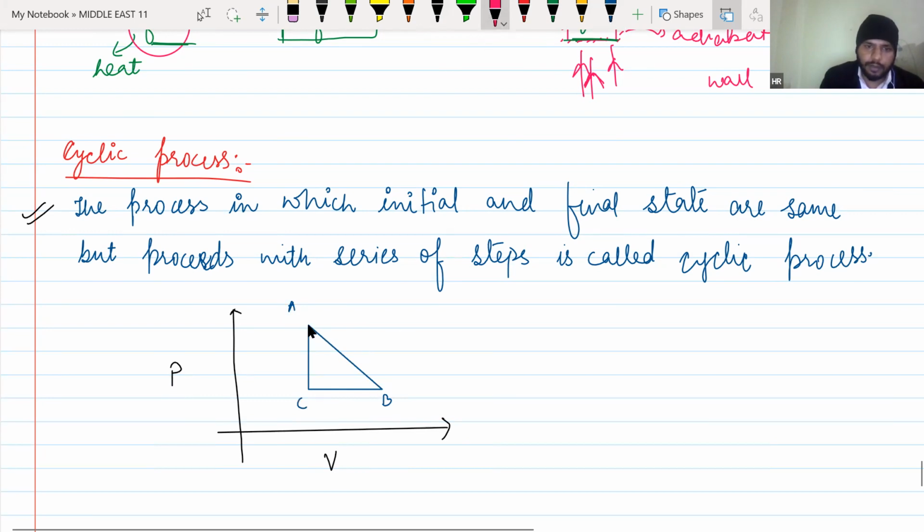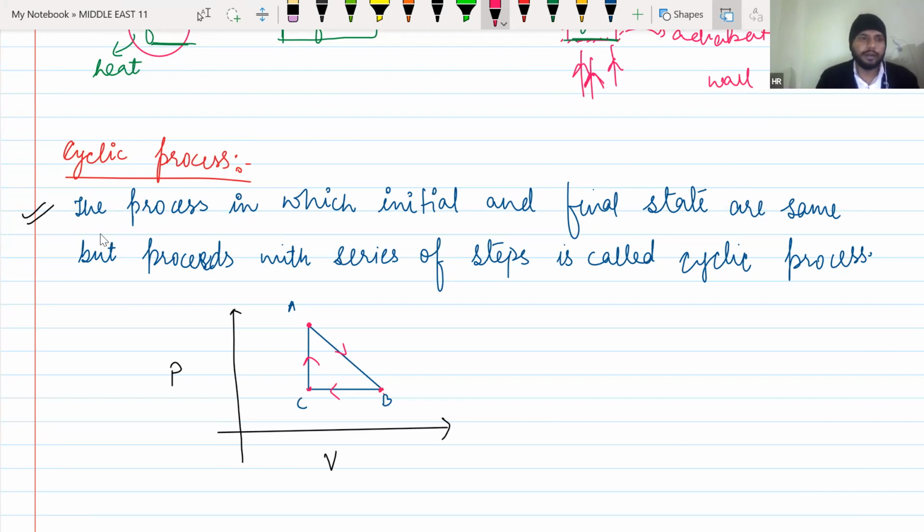First I am starting with point A and go to point B. Again starting with B and go to point C, and again C to A. Basically it starts with a series of steps, many steps, and ends on the same point where it started.